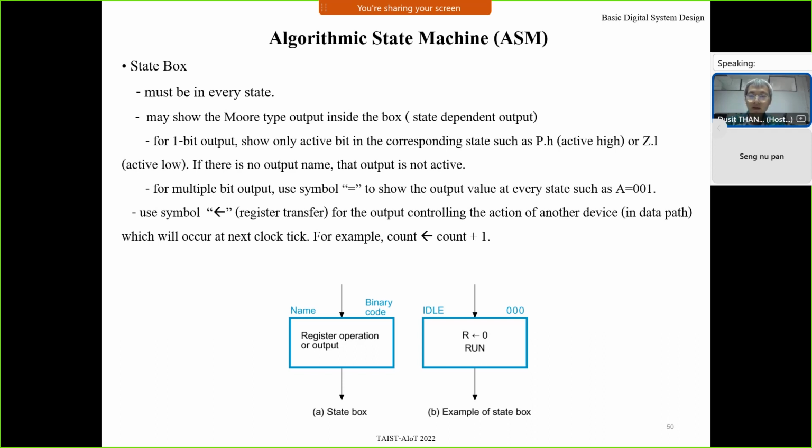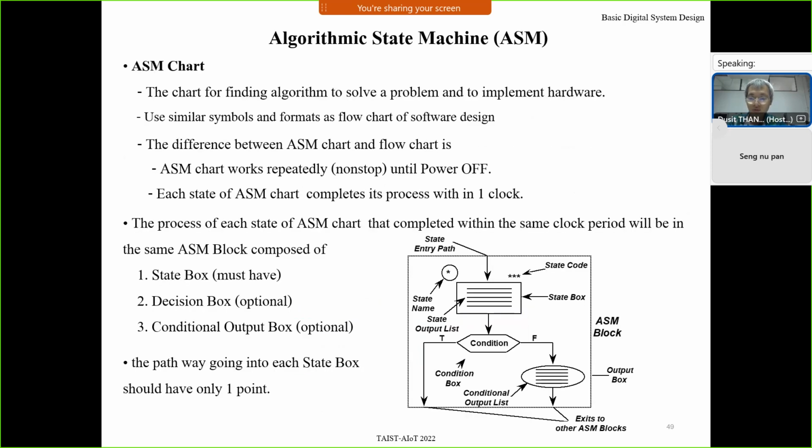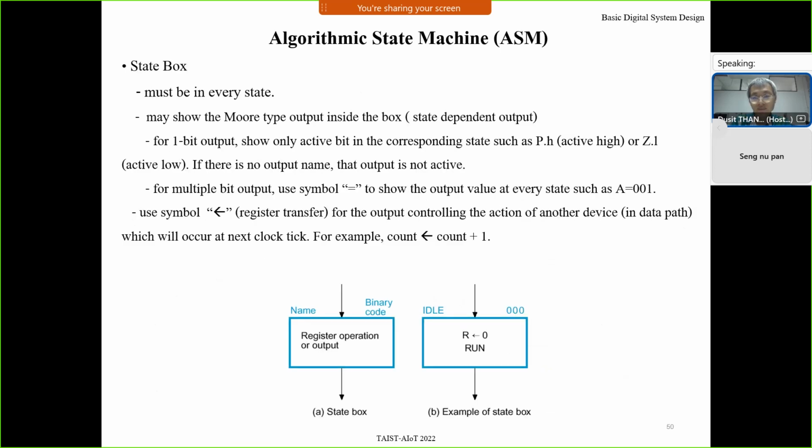The components of ASM design: at the beginning, you must draw the ASM chart, which is similar to a flow chart, composed of state box, decision box, and conditional output box. Let's see the detail.